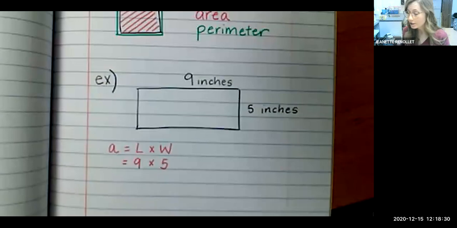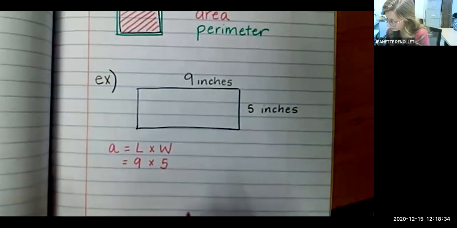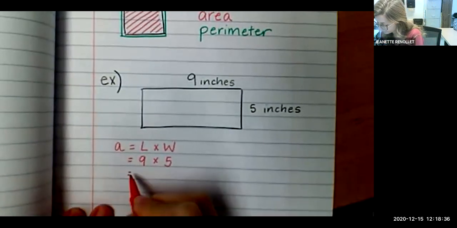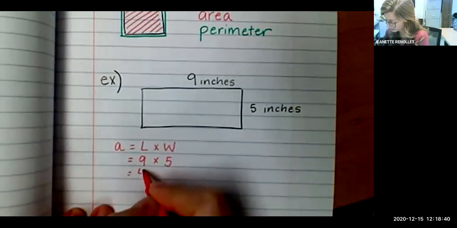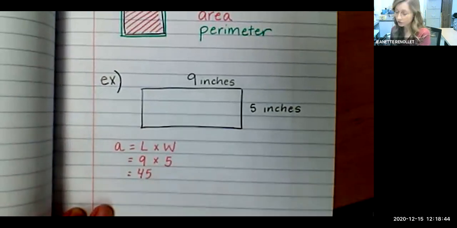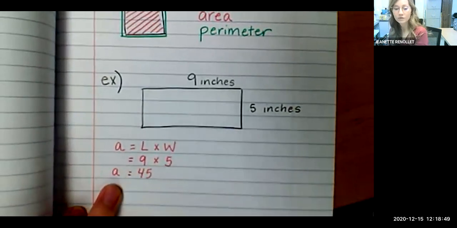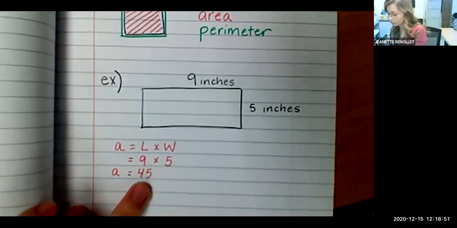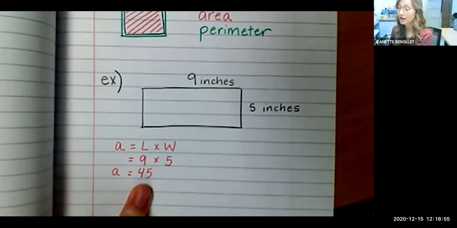To find the area, I can multiply length times width. I know I get a product of 45 because 9 times 5 is 45. So the area of my shape, A is short for area, is 45. Now I need to think about how I write area.